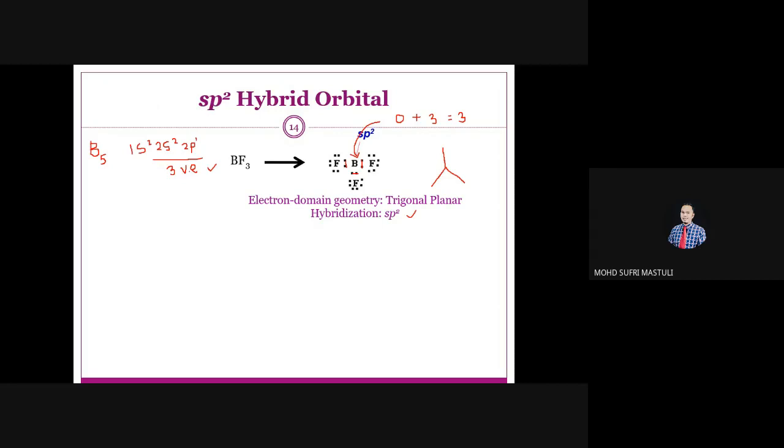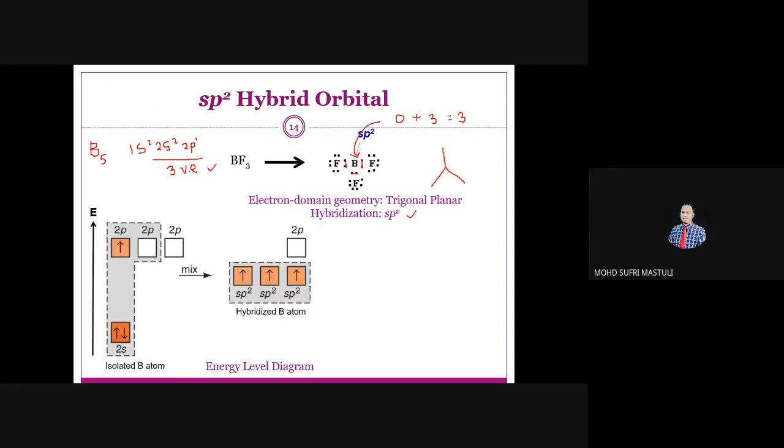When we draw the energy level diagram for the valence electrons, it is 2s2 and 2p1. Before we do the mixing, we find only one single electron, meaning only one F can form a bond, because the 2s orbital is already full.